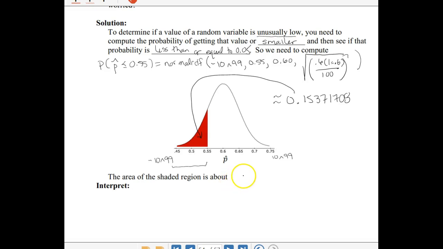So again, that corresponds to this shaded region. The area of the shaded region is about 0.1537.